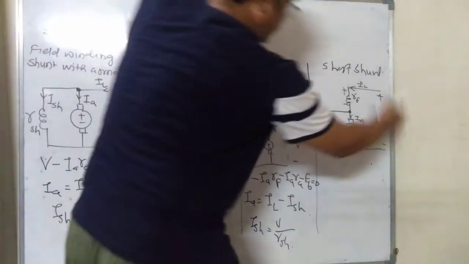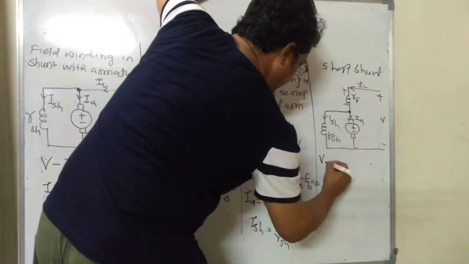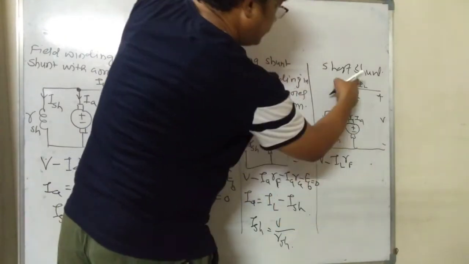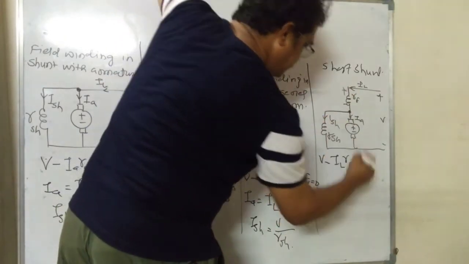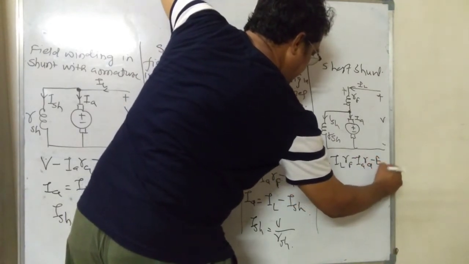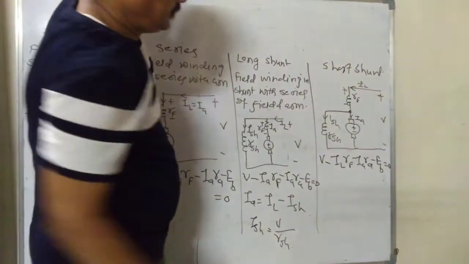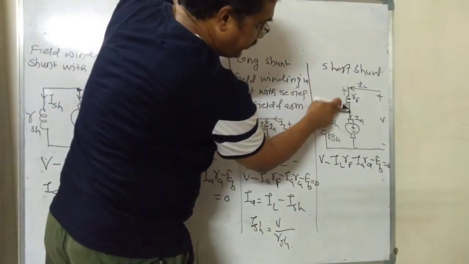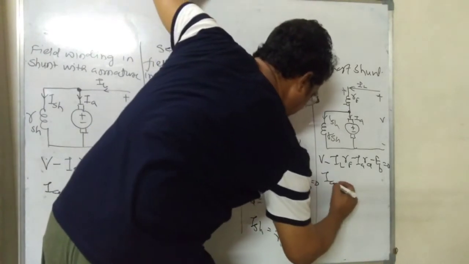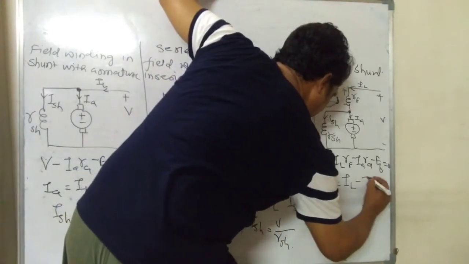Right? Now this one, V minus IL into RF, this one, and for this again minus IARA minus EB is equal to 0. What is IA? IL is flowing up to this point. It is divided in IA and ISH. So again IA is equal to IL minus ISH.